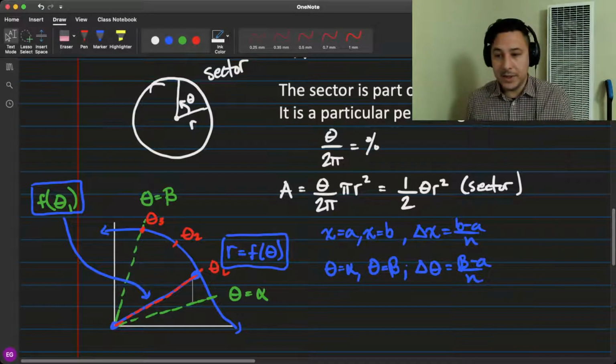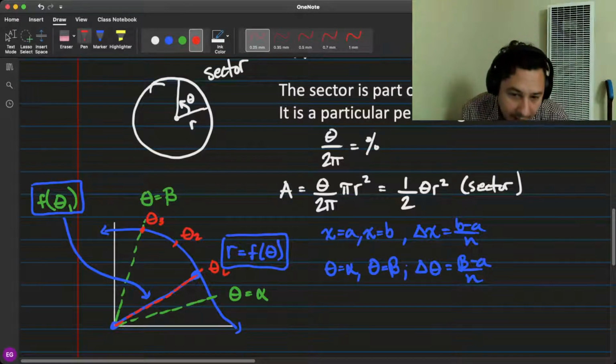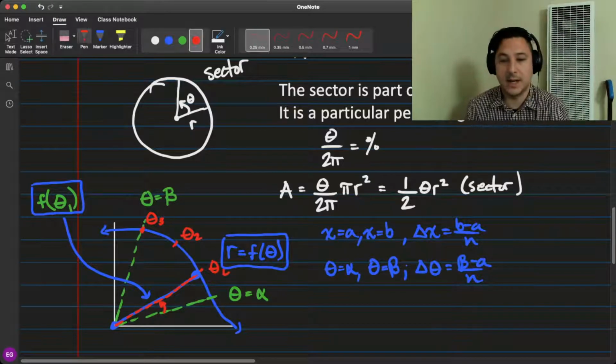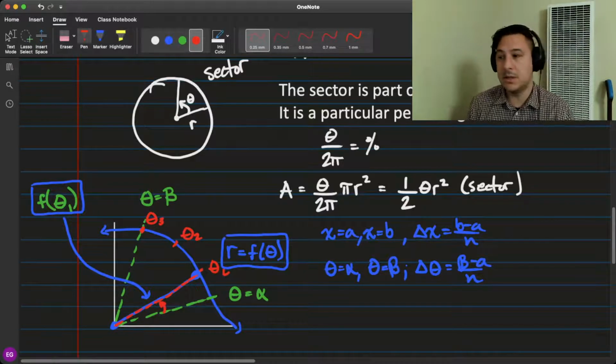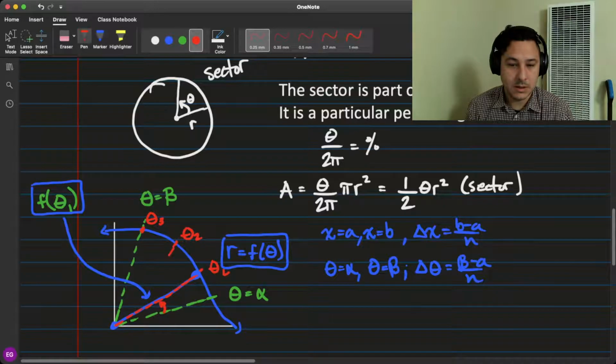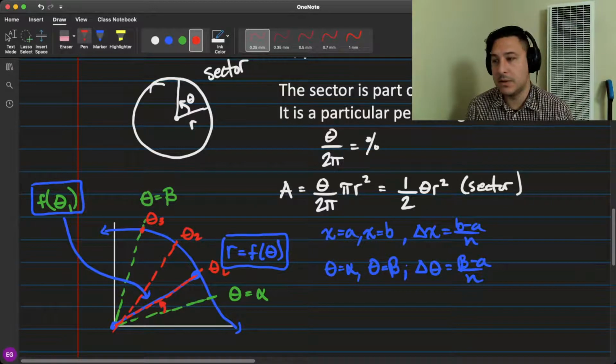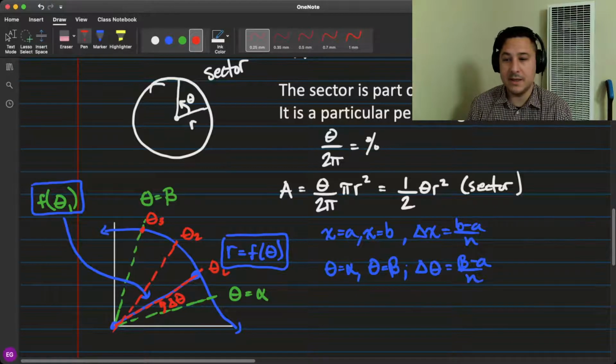Now this is the cool thing. How much rotation do we have in this little sector right here? I told you earlier how much angle is in each of those 3 sectors. How much angle was in each of them? Delta theta, thank you. So we can figure out the area of this sector using the sector area formula.